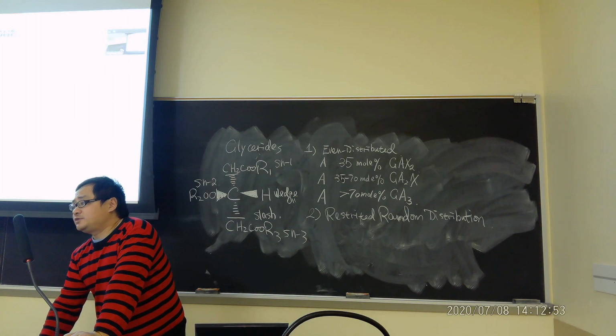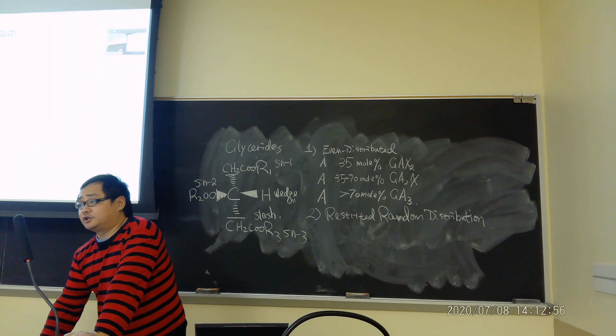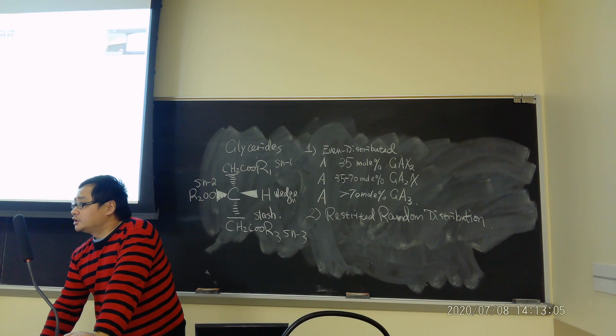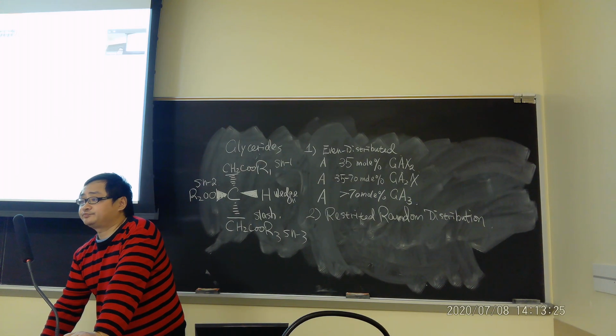However, pig fat, which is lard, is different. What do you find? Position SN1 and SN3 is actually unsaturated fatty acids, 18:1, which is oleic acid. And position 2 is actually dominant with more than 72% palmitic acid, 16:0. Can you see that?